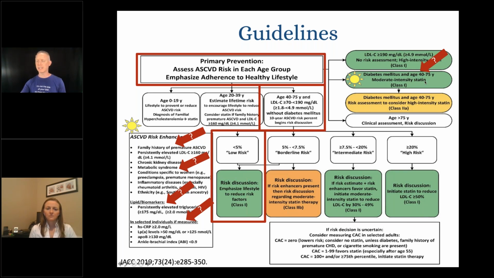So diabetes is clearly a risk factor that pushes people. Obviously, atherosclerotic disease would put them automatically in secondary prevention, automatically putting them into the bucket of needing a statin in most cases. But there are also these other risk enhancers over here. Family history of premature disease. Does she have that?